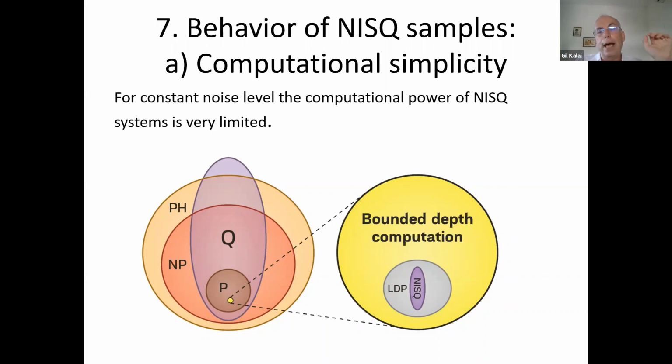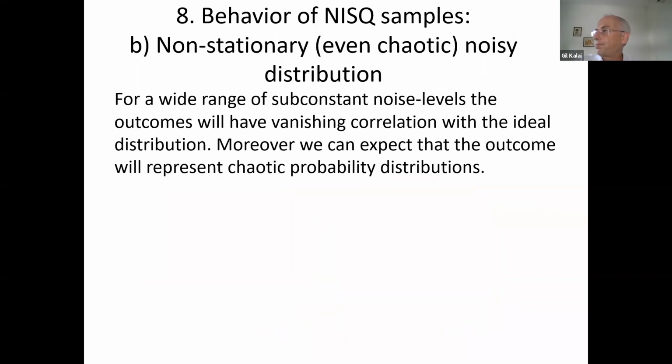This is called LDP. This is a class that Guy Kindler and I identified. These are probability distributions that can be approximated by low degree polynomials, and these probability distributions can be sampled using bounded depth computation. And the computational power of noisy intermediate scale quantum circuits is well inside this very, very small computational shell.